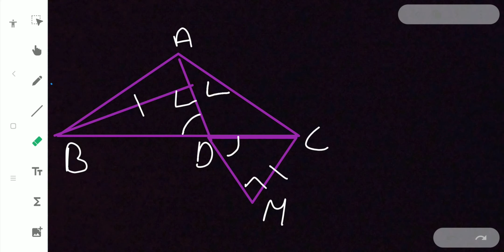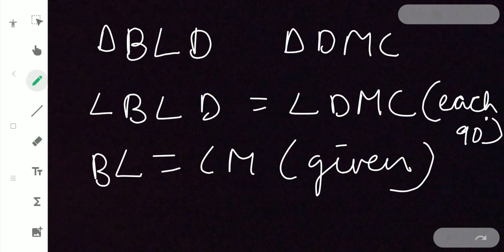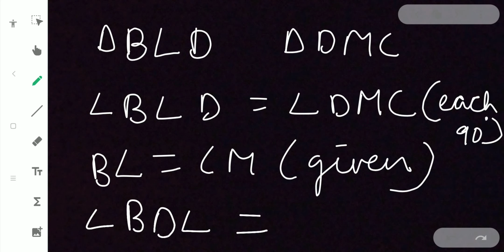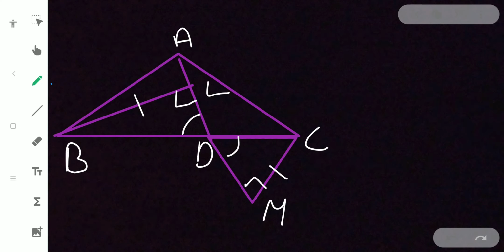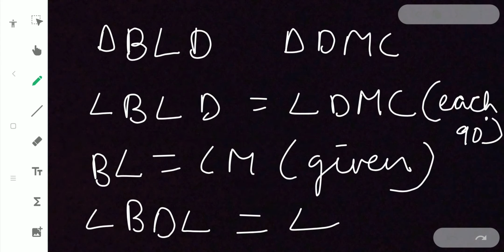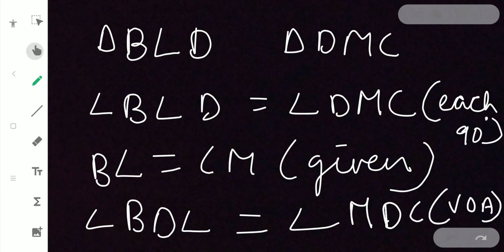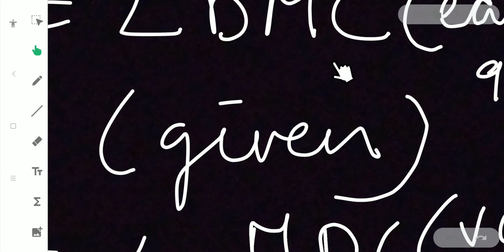So angle BDL is equal to angle MDC, vertically opposite angles. I am writing it in short form over here.